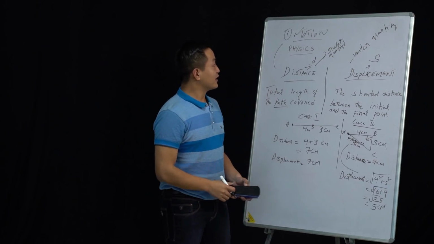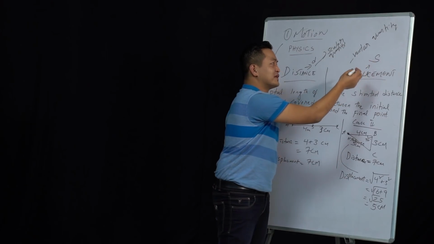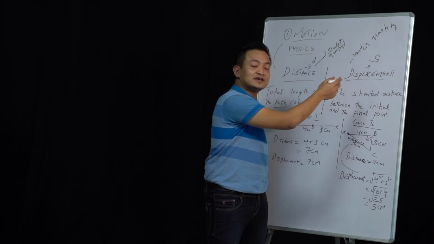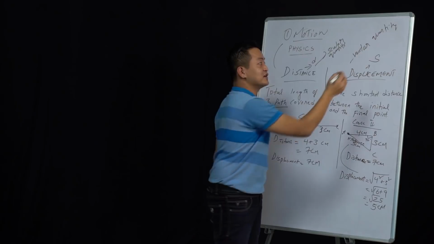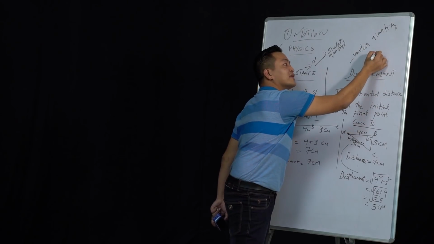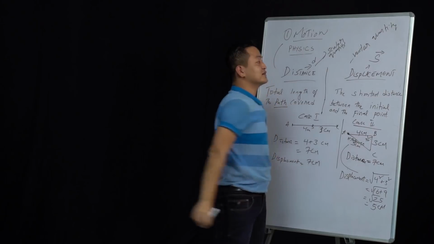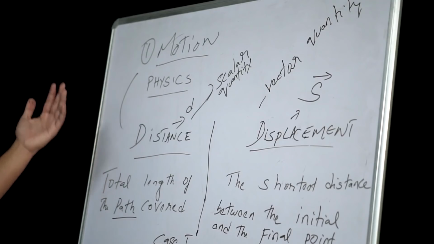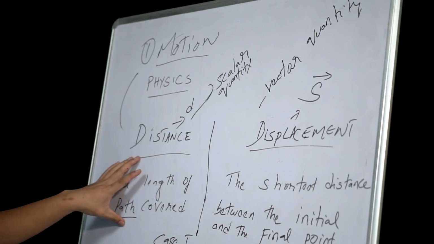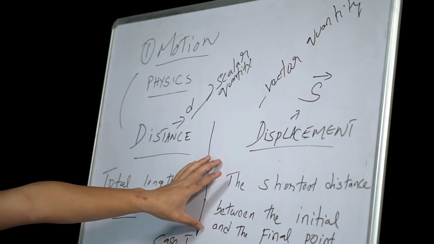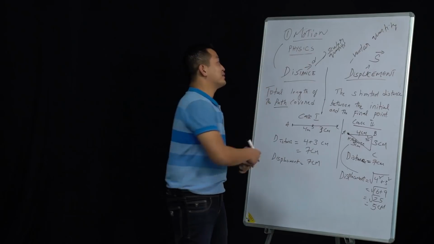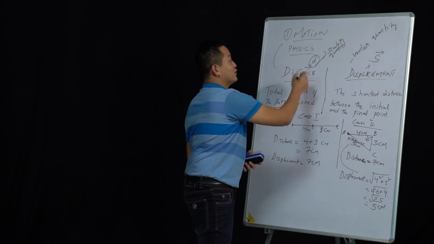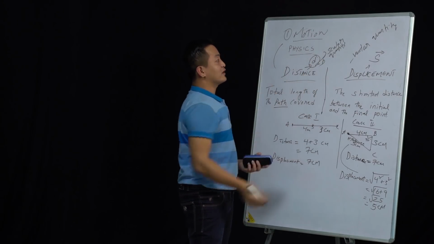Since displacement is a vector quantity, and vector is dependent on direction, we'll give a bar or an arrow on top of the letter. Clear? Now we are clear with the definition of distance, the definition of displacement, and their representation. Distance is represented by a letter d, or you can write capital D as well.